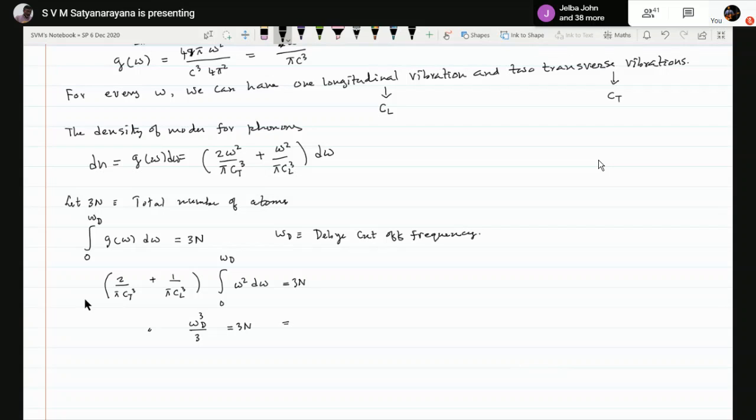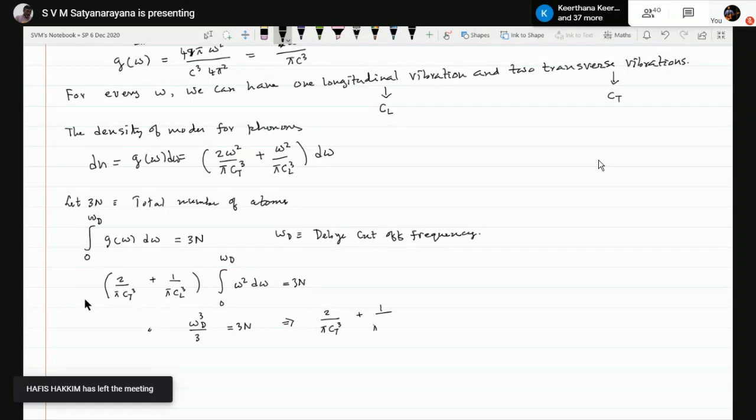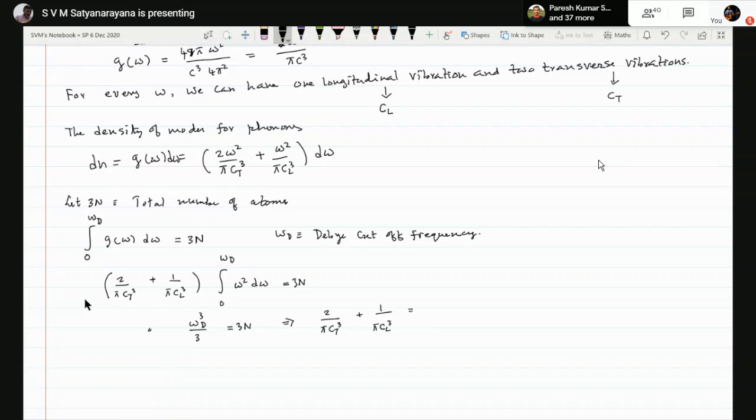So this factor, that is 2/(π c_t³) + 1/(π c_l³), can be written as 9N divided by ω_D³. So this gives us the density of modes.